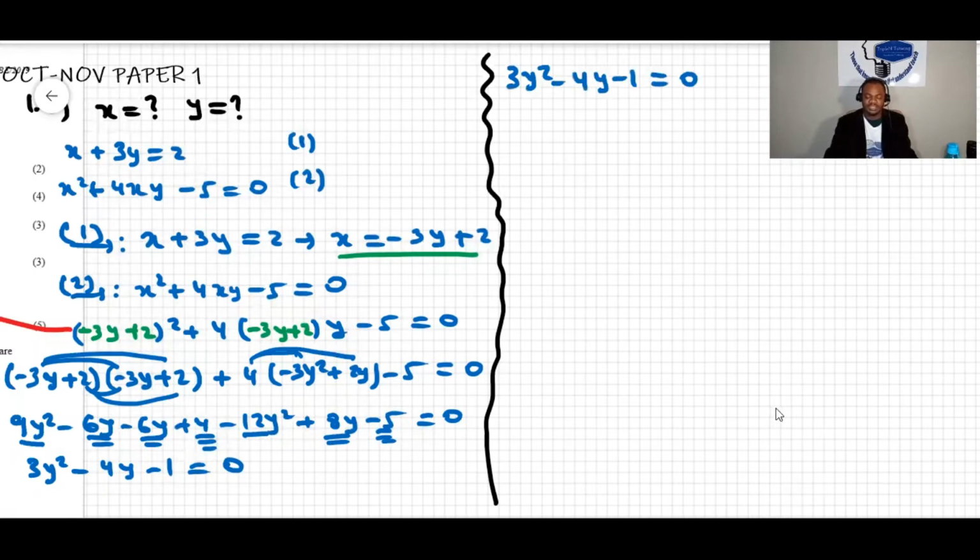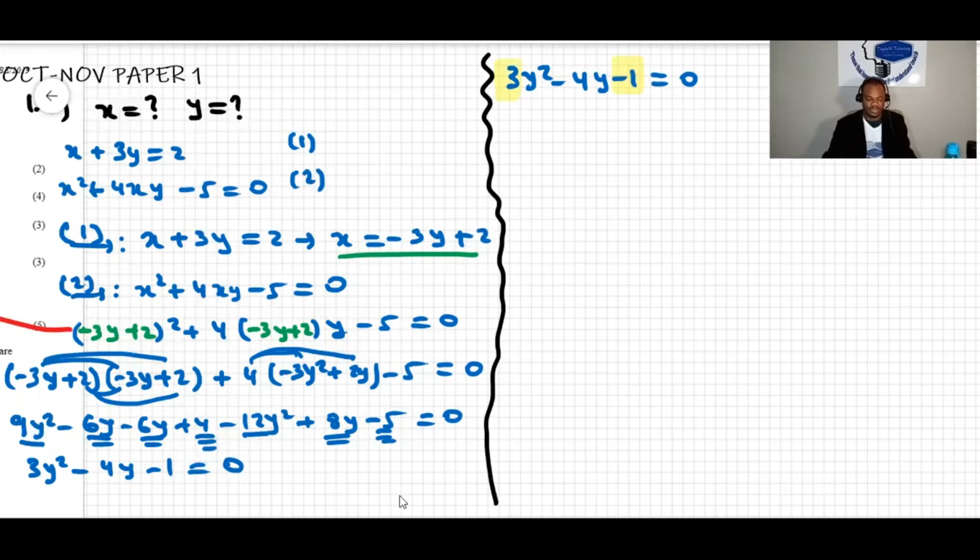Now, this is a trinomial. How can we solve it? As we have a coefficient different than 1, which is 3, we take the coefficient of the first term times the constant term. It makes -3.